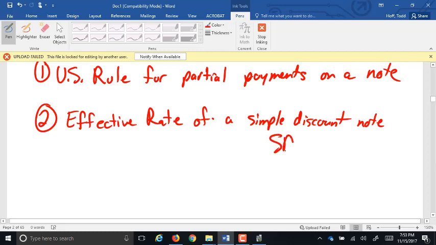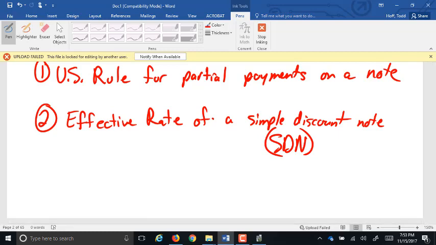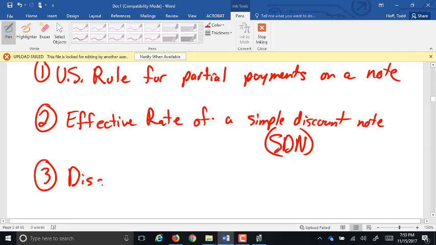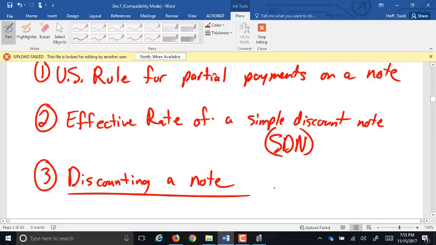By the way, you may see the abbreviation SDN, simple discount note. And three, discounting a note, which is what we did in that last one, where you extended credit to somebody, and then you had to sell that note to the bank or borrow from the bank based on that note, technically.